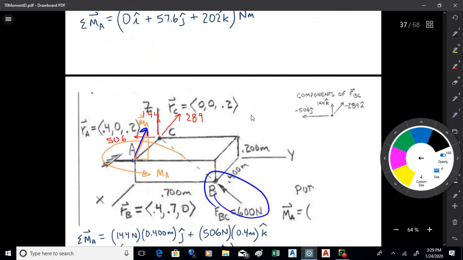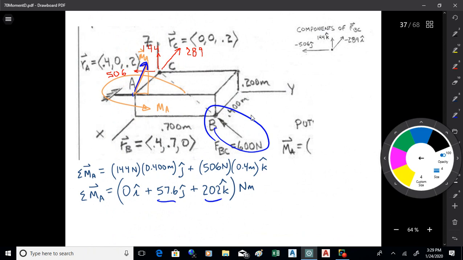It's a little difficult to draw, but that's about the best I could do with it, okay? So the orange MA is how that force would rotate about A. The moment vector there is normal to that plane that it rotates in. So think of the moment as being a wheel, the moment vector is an axle about which the wheel rotates. The direction is shown by the right-hand rule.